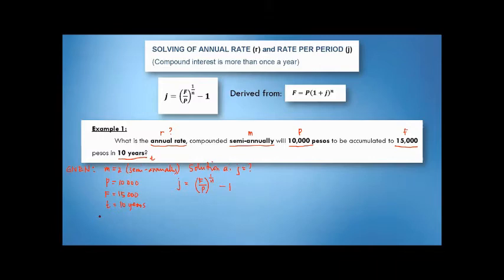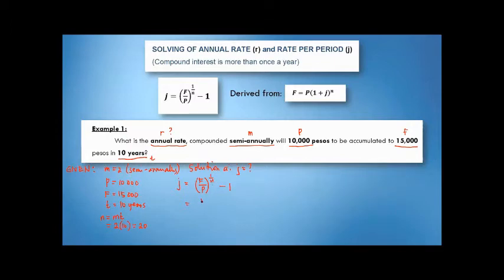Alam natin ang n ay m times t. Given na tayo ng m at saka t, so that is 2 times 10. So, ang ating n ay 20. I-substitute na natin yan. Meron na tayong F, P, and N.